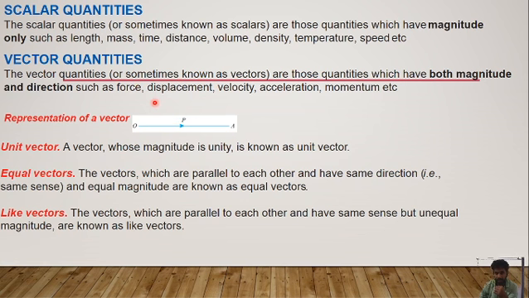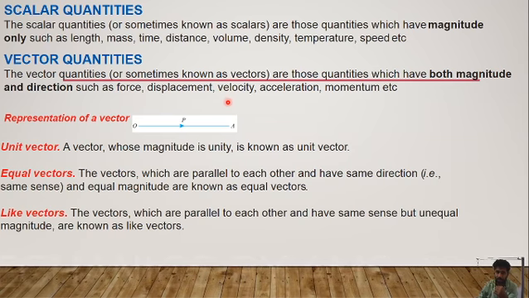Displacement means I have displaced by 10 meters, or your motor vehicle is displaced by 10 meters. By magnitude alone we cannot define displacement, so we need both magnitude and direction. You have displaced some object 10 meters in the northeast, south, or west direction.